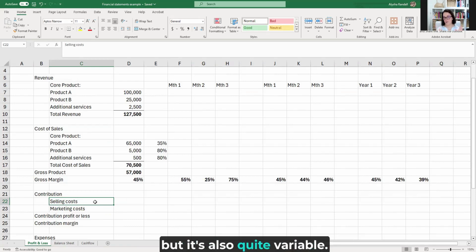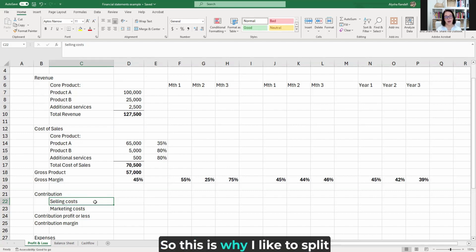But it's also quite variable. So in general, if you have more revenue, your sales and marketing costs will also increase, because you need to spend more money on sales and marketing to get higher revenue. So that kind of makes sense.